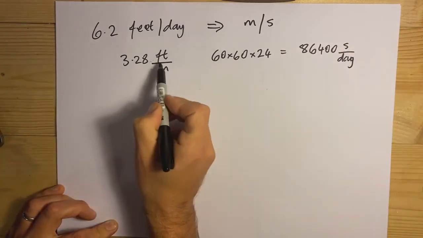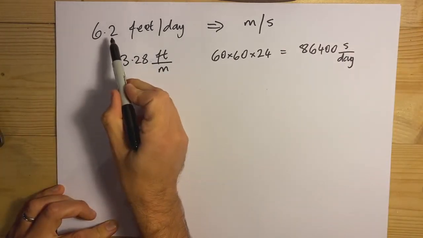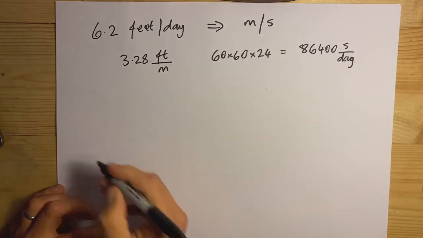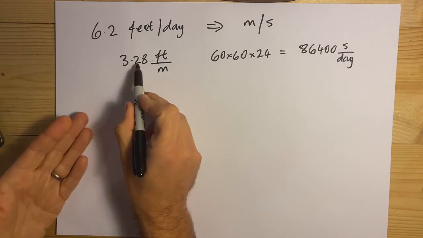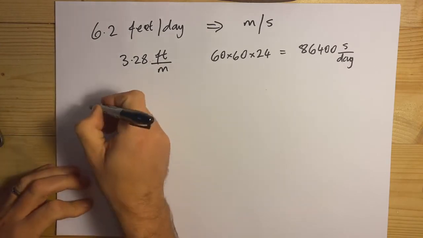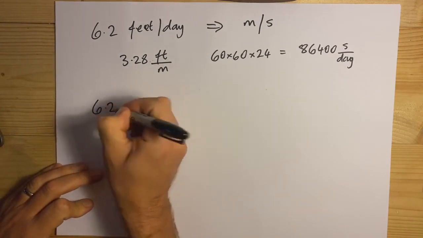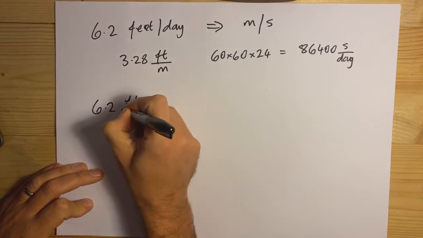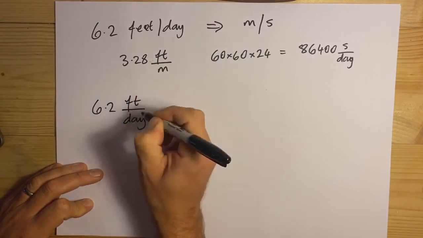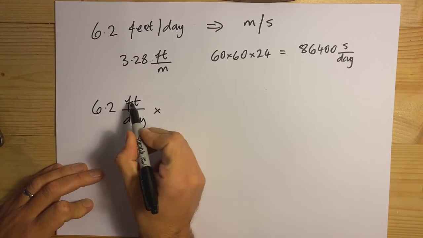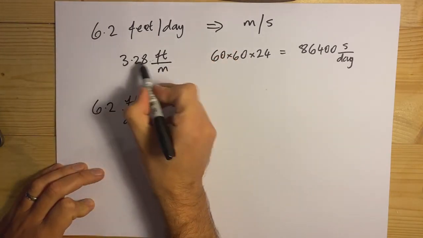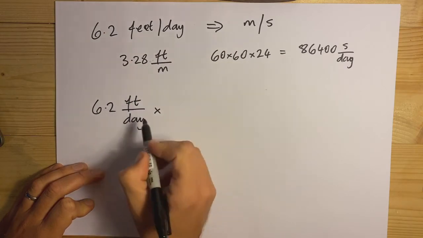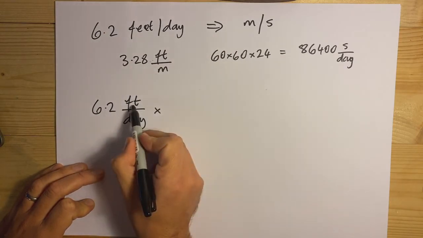How are we going to use these conversion factors to convert this into meters per second? We need to think about how we're going to write these conversion factors out. Let's just do it like this: 6.2 feet per day. Now let's think about converting the feet to meters. If we just multiplied that by 3.28, that would give us feet squared on the top.